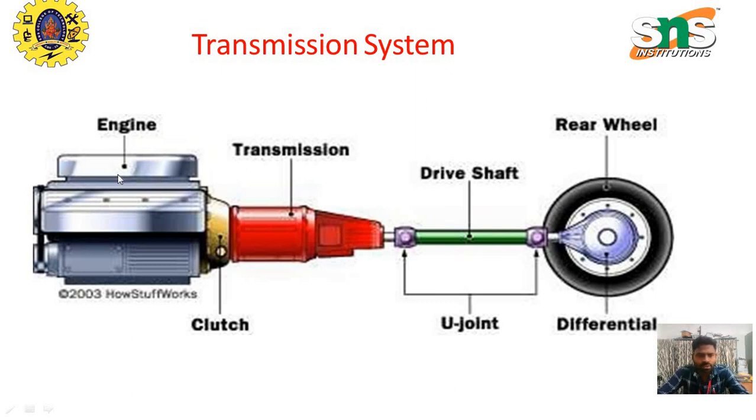Once the vehicle starts to run, the engine automatically starts to produce power with the help of the combustion of fuel in the combustion chamber, where the engine includes major components like the cylinder, the piston, and the valves.